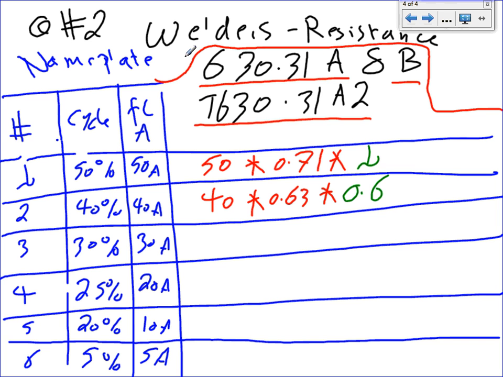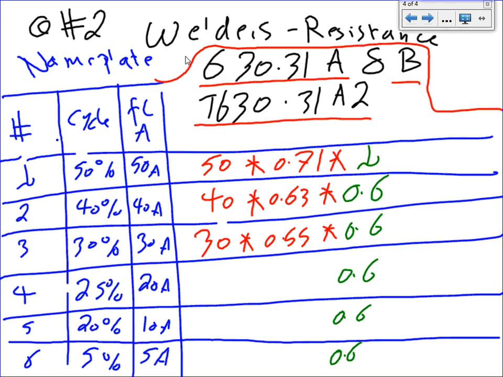The second one, guys. The third one is 30 times 0.55 times 0.6.